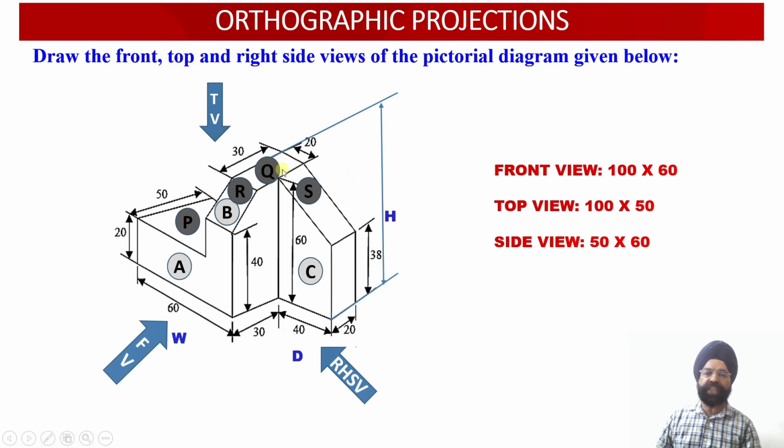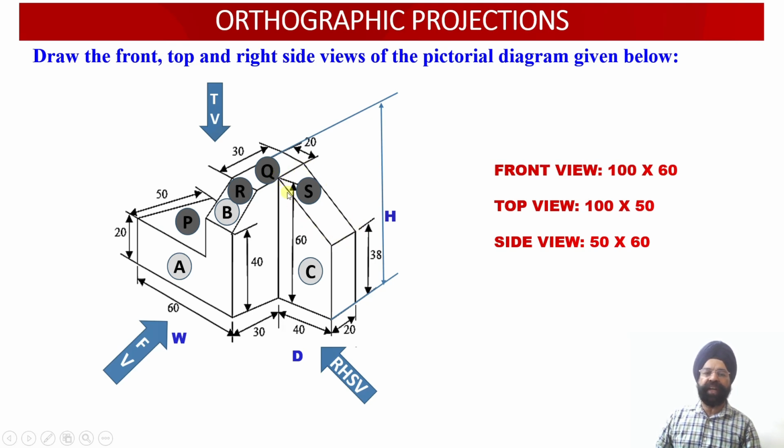Then you have surface Q. Surface Q has the shape of a rectangle, and this surface Q happens to be parallel to the horizontal plane. So the projection of the surface Q onto HP will represent the true shape of the surface. And finally there is an inclined surface over here, this one.